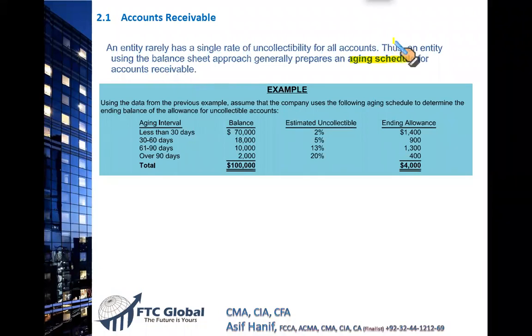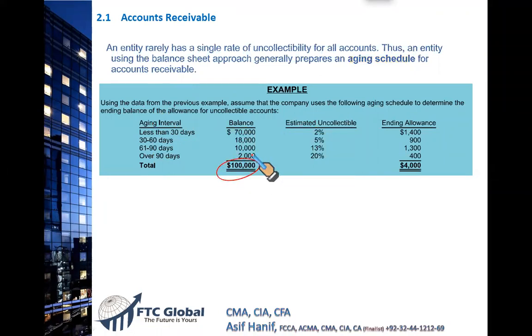I'm sure all of you accountants know, we analyze our account receivable. Those that are very old are more likely to go bad, and those that are fresh entries are less likely to go bad. This way, we classify our account receivables into worse and relatively less worse, right?